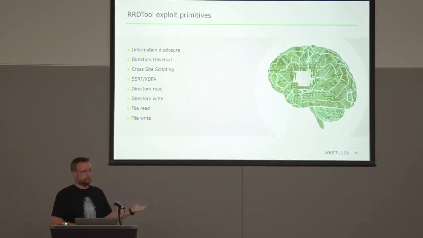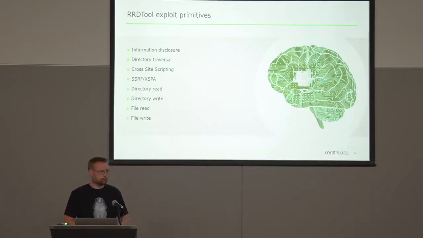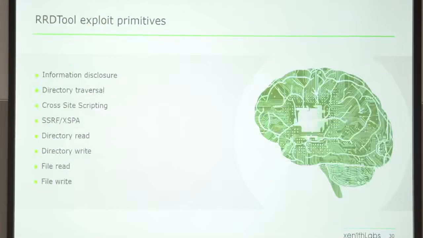And I developed a whole set of different exploit primitives. So you can inject a function that will do information disclosure. You can inject a function that will do directory traversal, cross-site scripting, server-side request forgery, or cross-site port enumeration, a directory read, directory write, file read, file write.